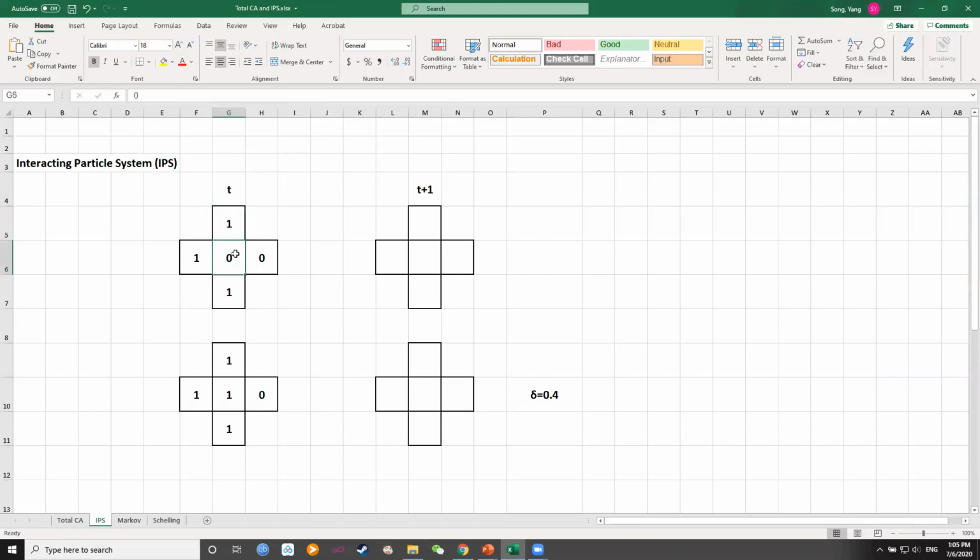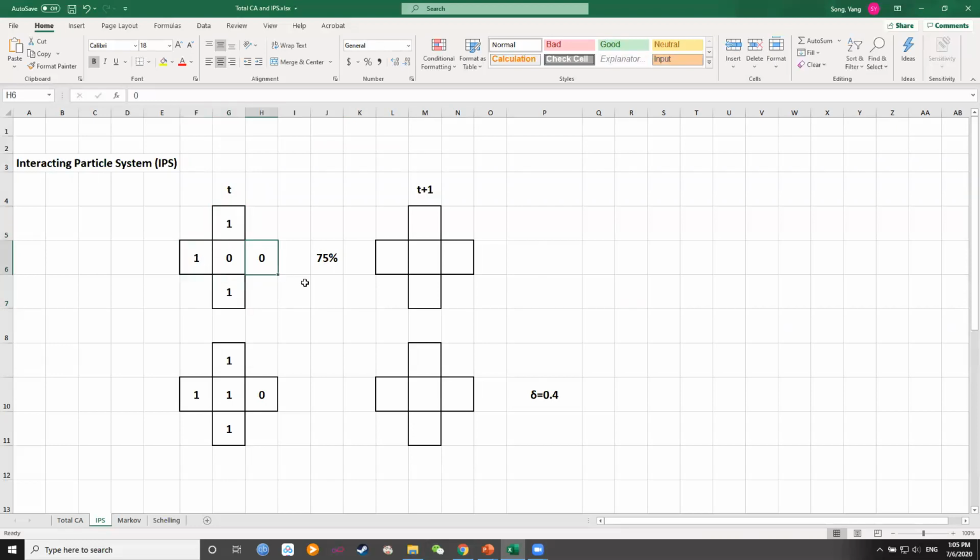So it means 3 out of 4, which means 75%. That's beta, or 0.75. Beta is decided by the proportion of neighbors that are currently occupied.